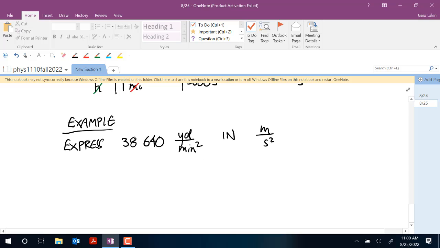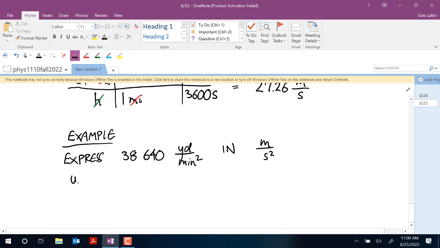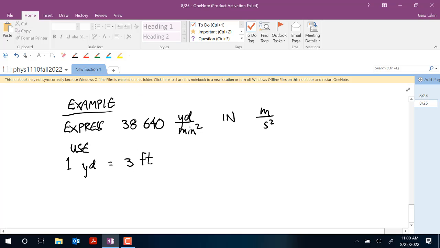And the conversions that we're going to use are 1 yard is equal to 3 feet. One meter is equal to 3.281 feet.